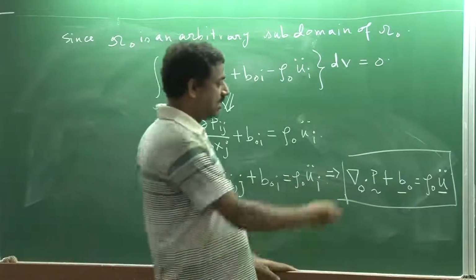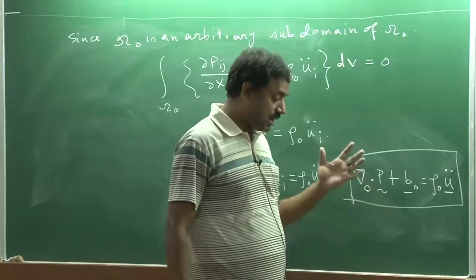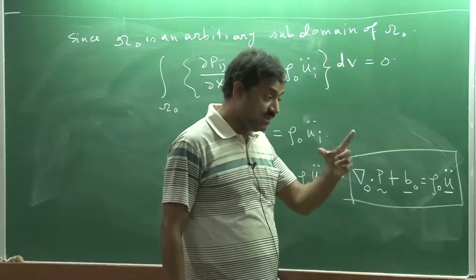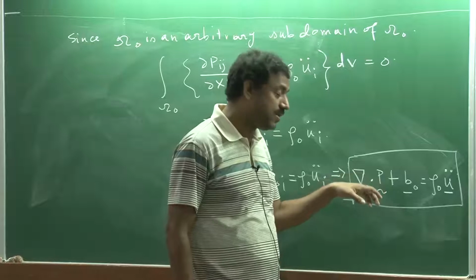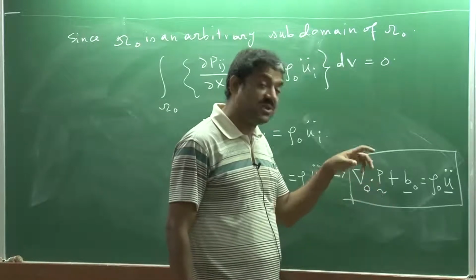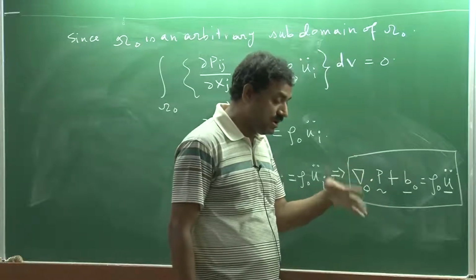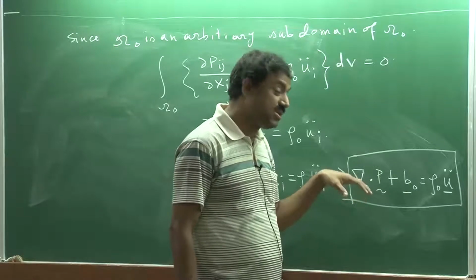Please try to understand that, once again the internal forces are obtained by divergence of the first Piola-Kirchhoff stress tensor, but the divergence must be taken with respect to the undeformed configuration, that is why it is del with respect to 0. It is unlike the Cauchy stress tensor. In the Cauchy stress tensor, where we are trying to enforce the equilibrium, that was the gradient with respect to the deformed configuration.